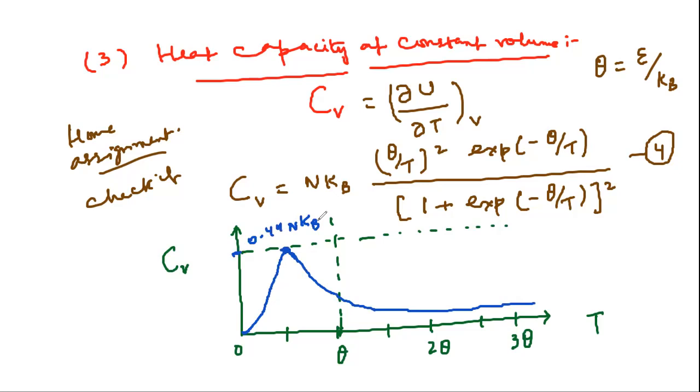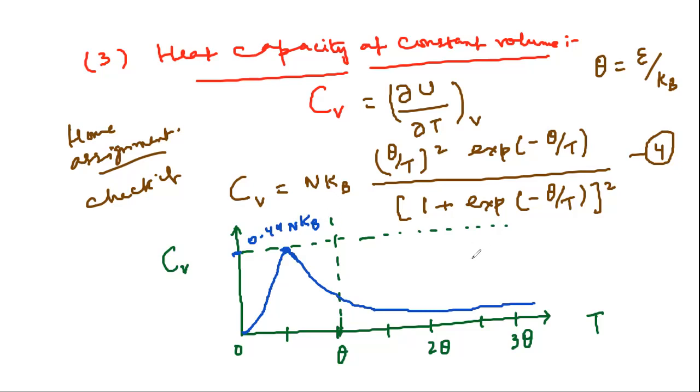It attains maximum, then decreases with temperature, and that maximum value is 0.44 N kb. And you can see that there is a transition in the behavior around the characteristic temperature theta.